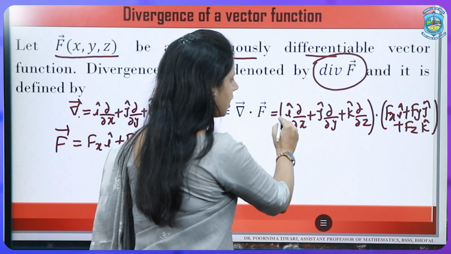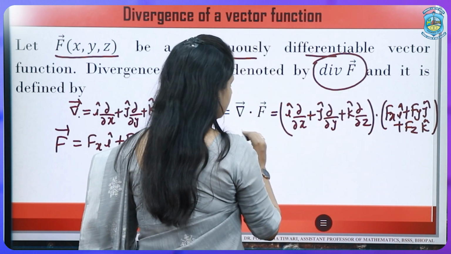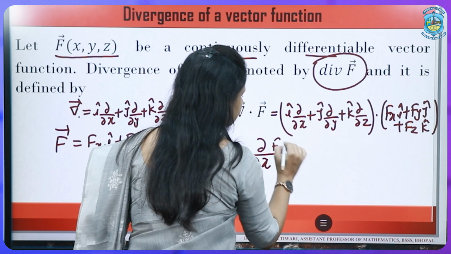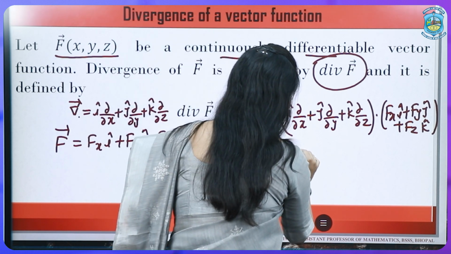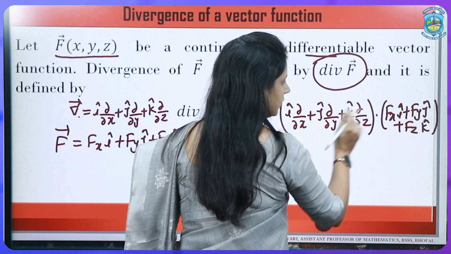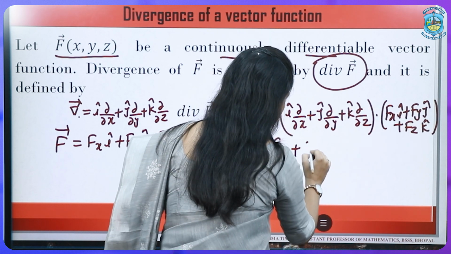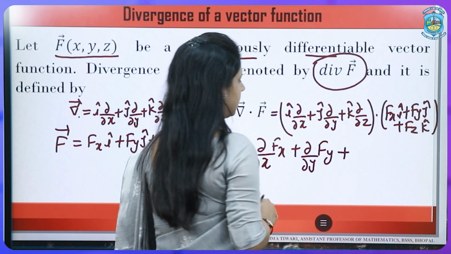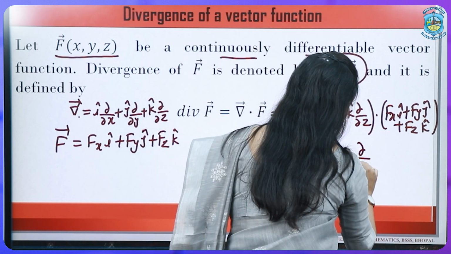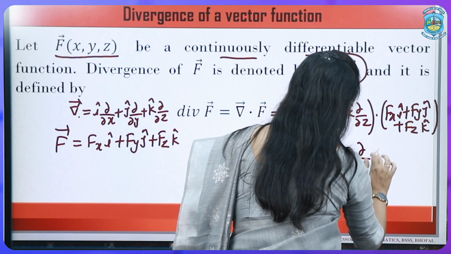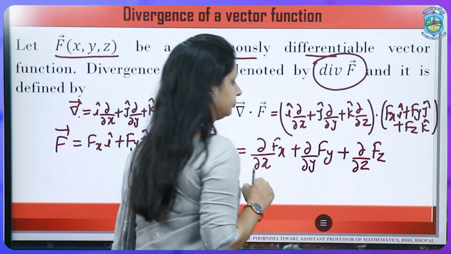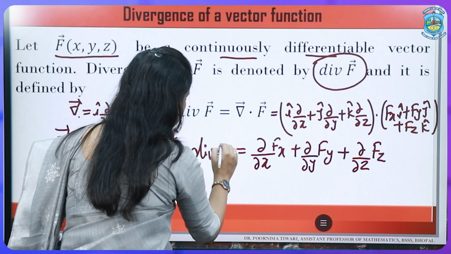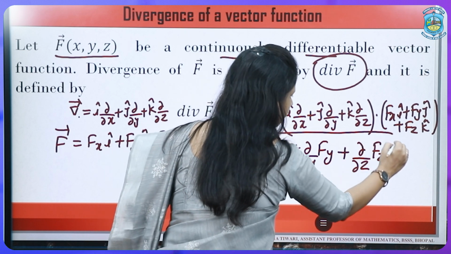The component of i will multiply with the component of i, that is we will get del by del x of fx. Similarly, component of j cap will multiply with the component of j cap, we will get del by del y of fy plus next we will get del by del z of fz. So, this can be used as a formula for divergence of vector f.